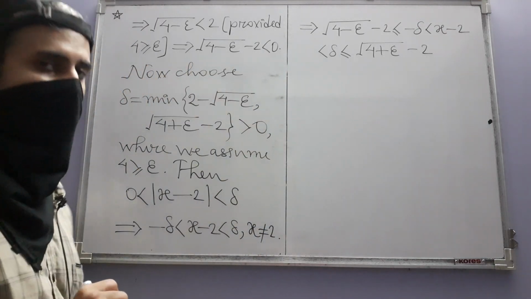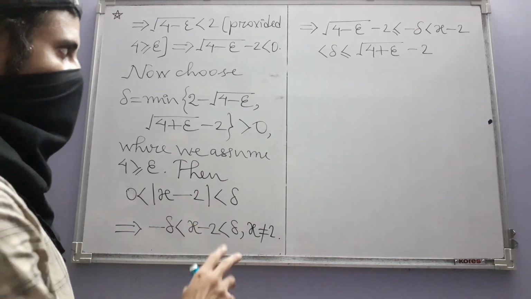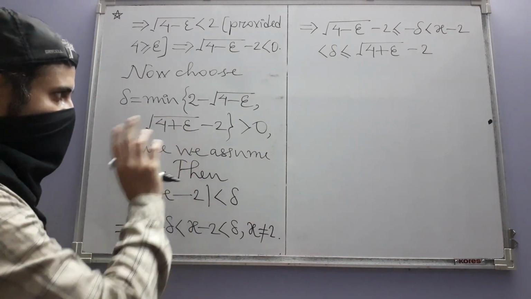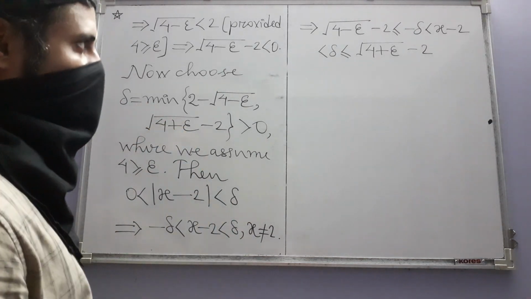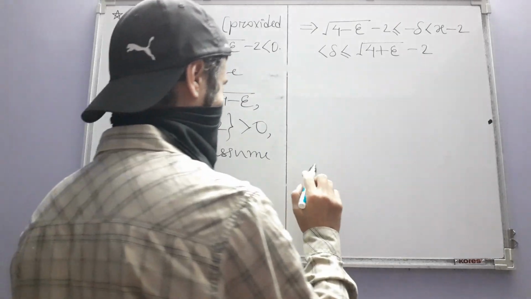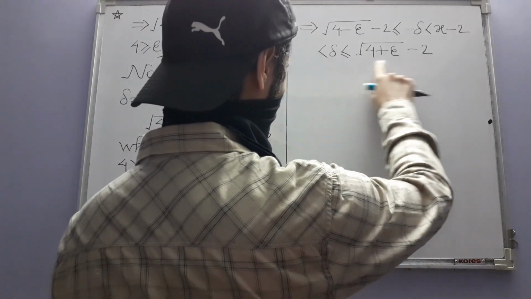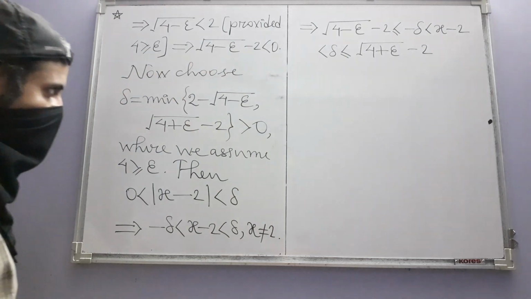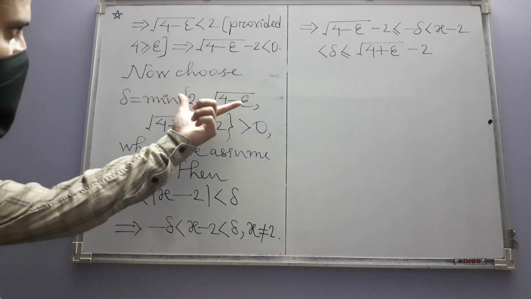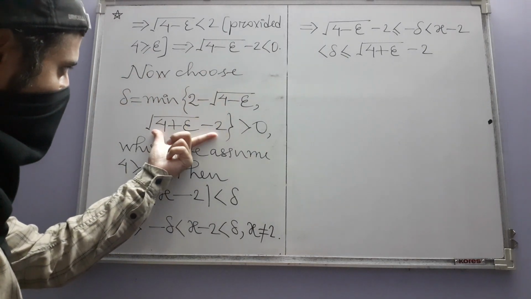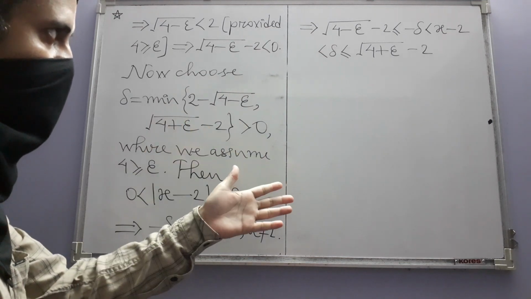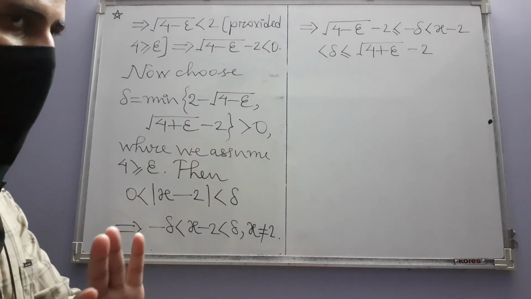That means that lies to the left of even minus delta, and delta is less than or equal to this. Where are these things coming from? Of course, you can guess that they are coming from this fact that delta is this minimum, but exactly how? You can understand why this inequality is coming. Delta being the minimum of this number and this number is by definition less than or equal to both of them.